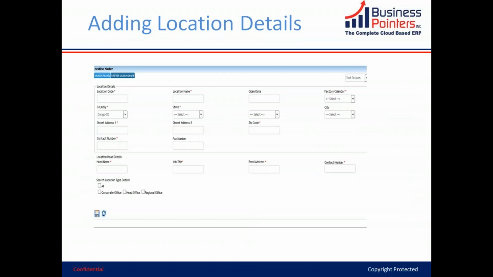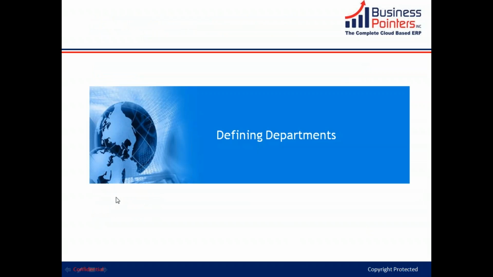And this is how we add the location in the location master with the unique location code, the location, the open date, the calendar, the country, the state, the location address, the contact number, the location head details, the head name, job title, email address, contact number, and what type of a location it is. If it's a corporate office, a head office, or a regional office, you can tick mark any of it.